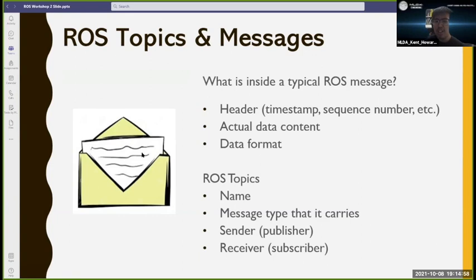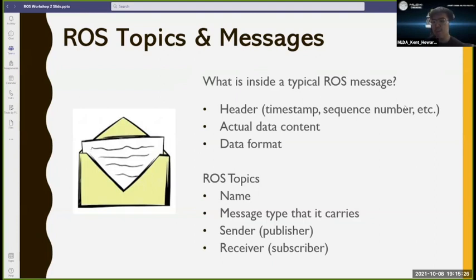And what's the difference between the ROS topic and the ROS message? Well, the topic is the broadcast channel, the whole process of sending the data, in my understanding. And the ROS message itself is the singular message that's being sent out. Usually it contains a header, the actual data content, and the data format. The header would be timestamp, sequence number, and so on.